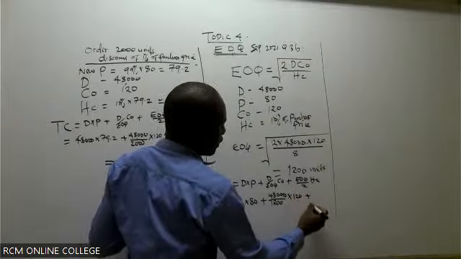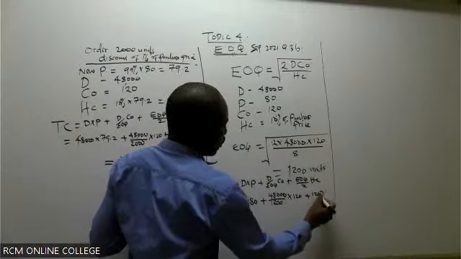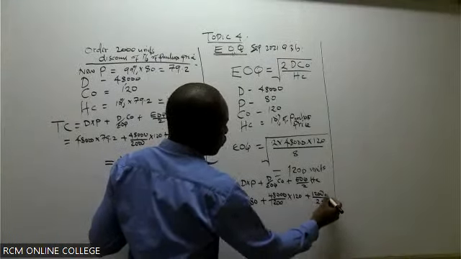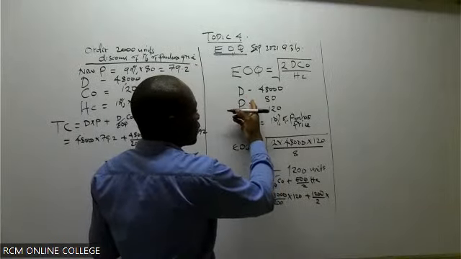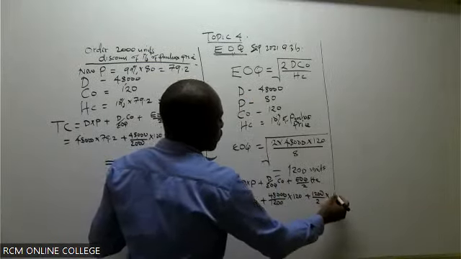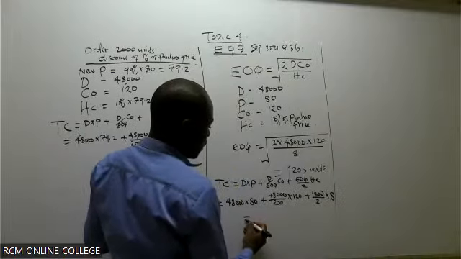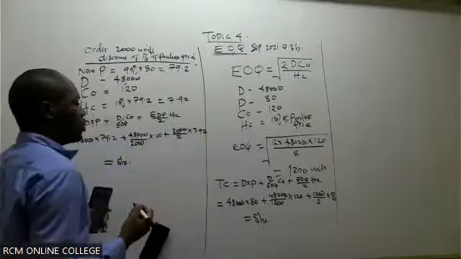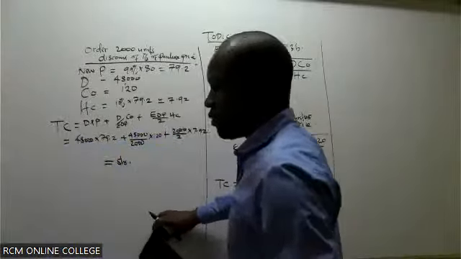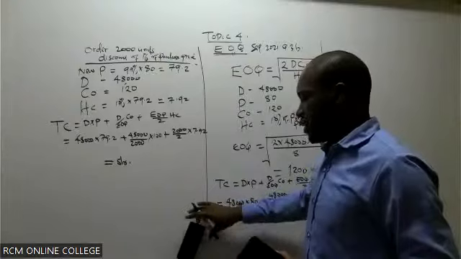To that we add economic order quantity divided by 2 multiplied by holding cost, which is 10% of purchase price. So 10% of 80 is equivalent to 8. If that is done, somebody should be able to arrive at the total cost. So please go ahead and calculate these figures here.